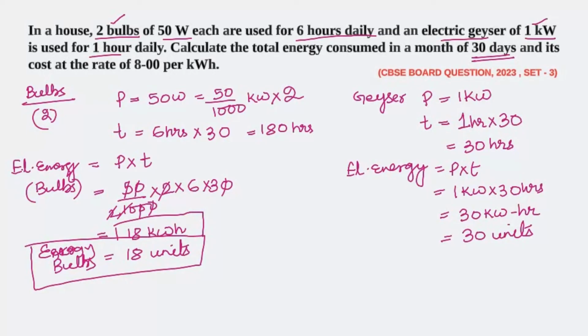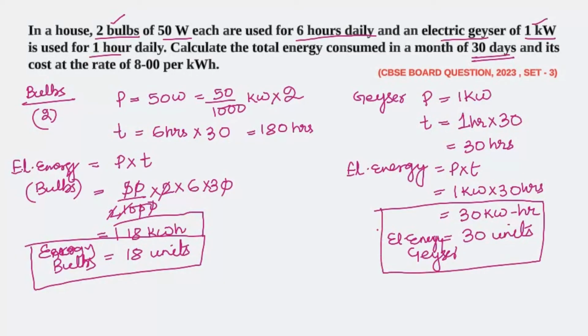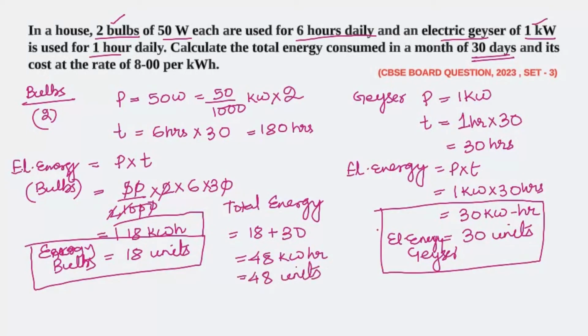Now we'll find out the total energy. Electrical energy for the geyser is 30 kilowatt hour or 30 units. Total energy will be given by 18 plus 30, which is 48 kilowatt hour, which is equal to 48 units. Now the cost of consuming 1 kilowatt hour of energy is rupees 8.